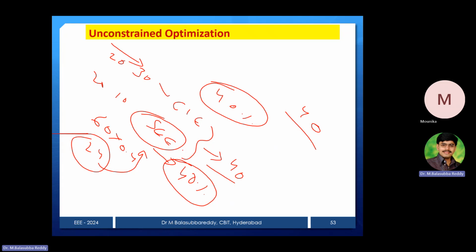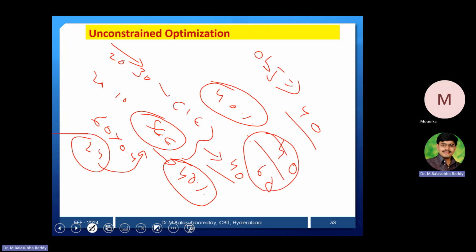So normally, the objective is to pass the subject, so you need to score 40 marks. But with no constraint, in the internal 40, external 60 pattern, if you score directly 40 marks in the internal, and in the external you attend the exam and score 0 marks, then also you will pass, if it is unconstrained.